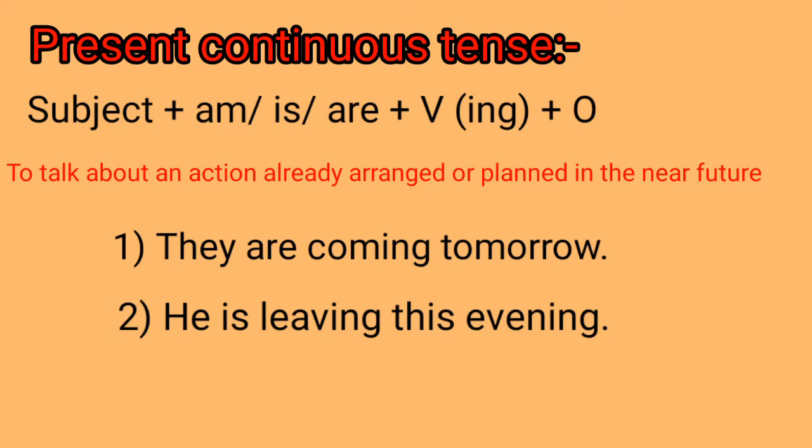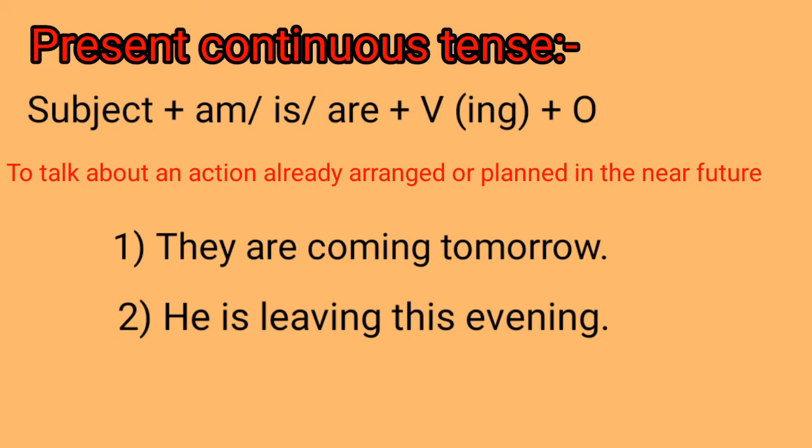Now look at these examples. In the first example, they are coming tomorrow. Tomorrow is indicating the future action, meaning the action will happen in the future, but the arrival of them is planned or arranged. Same with the second example, he is leaving this evening.